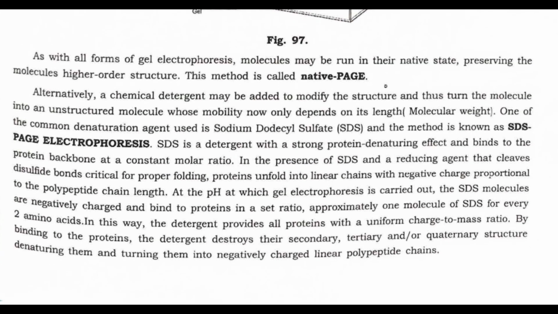As with all forms of gel electrophoresis, molecules may be run in their native state, preserving the molecule's higher order structure. This method is called native PAGE, polyacrylamide gel electrophoresis. Alternatively, a chemical detergent may be added to modify the structure and thus turn the molecule into an unstructured molecule whose mobility now only depends on its length, or molecular weight.